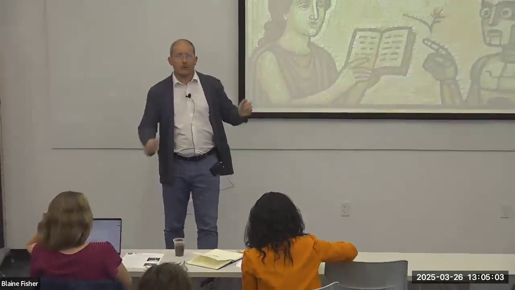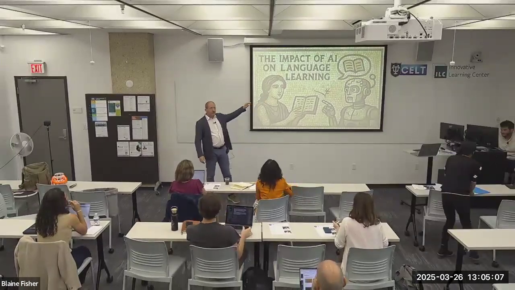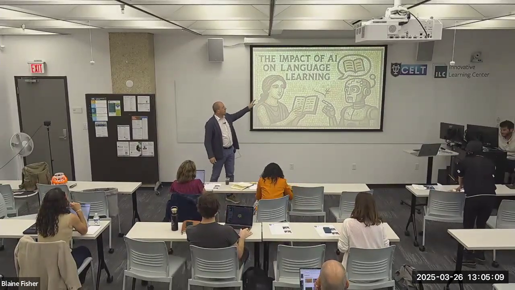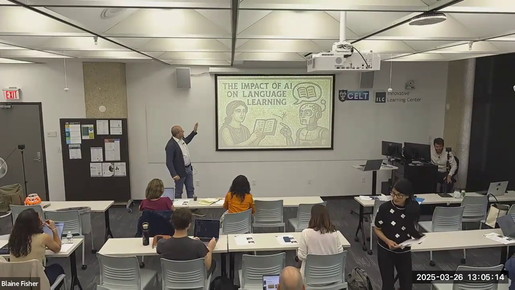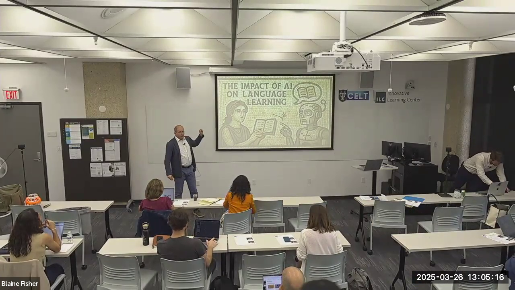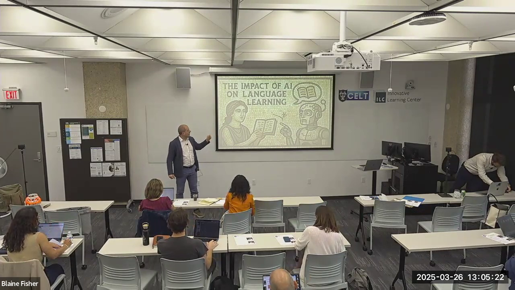So I wanted to start today with this visualization here because I just like things to be visual. I generated this using AI, technically the new GPT-4o image generator yesterday. And I said that I wanted a mosaic that illustrated the impact of AI on language learning, and that included the text, the impact of AI on language learning.